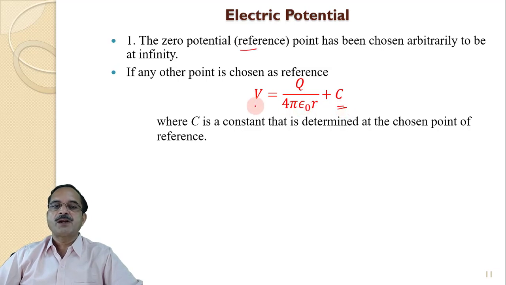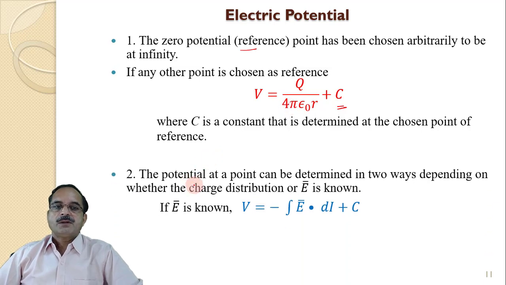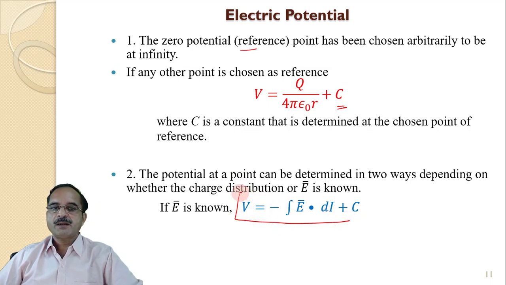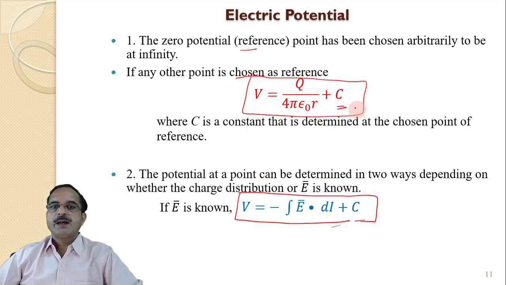Then we can find the potential at the desired point as V equal to Q upon 4 pi epsilon 0 R plus C. So the potential at a point can be determined in two ways depending on what is known. If the charge distribution is known, we can use this formula to determine the potential. Instead, if the potential difference is known, then we can determine it using this formula. And C is the potential of the reference point.